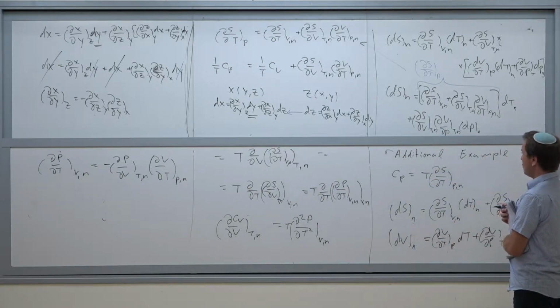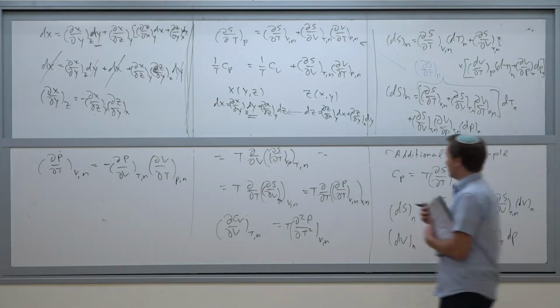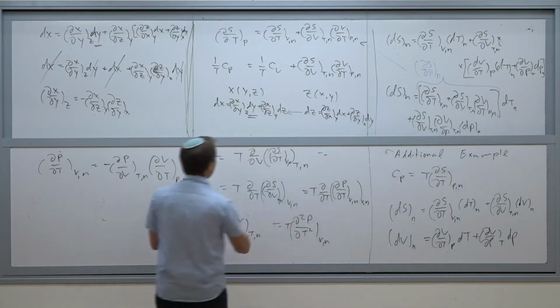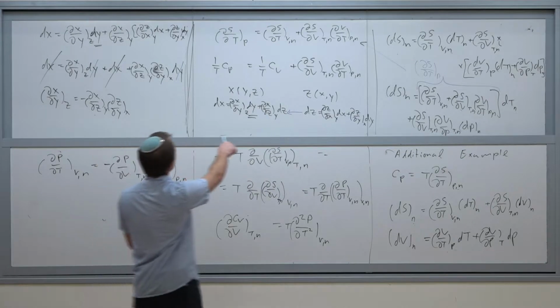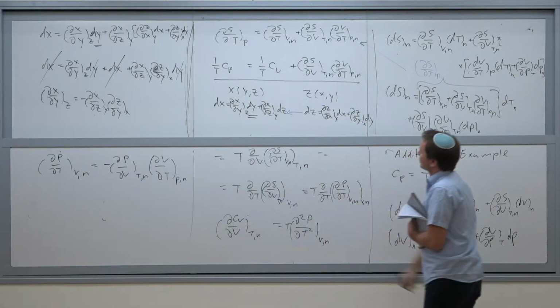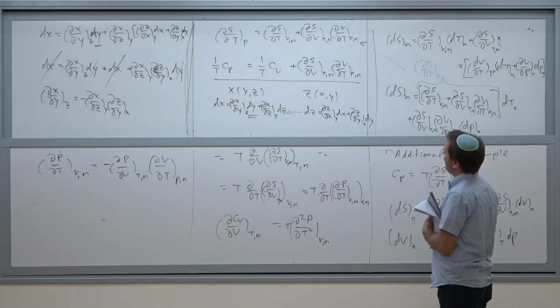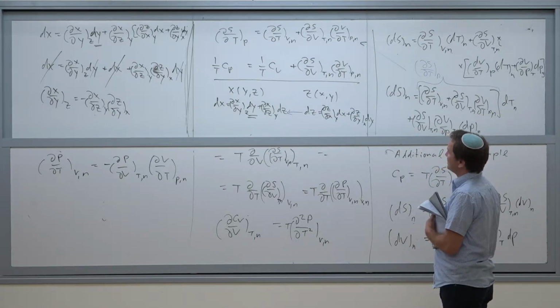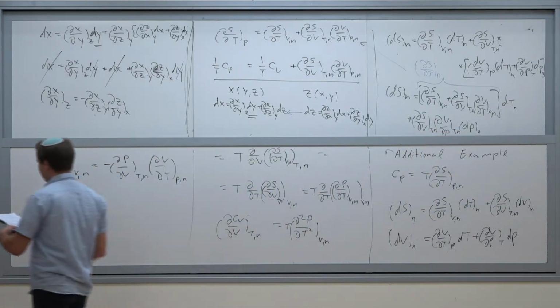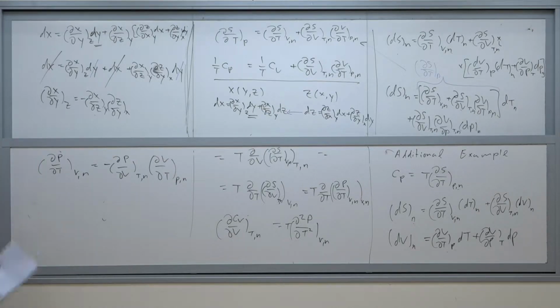Okay, so what did we have here? We had dcv dv, no, we were over here. So back to this equation. We have 1 over t cp equals 1 over t cv plus ds dv times dv dt. Now ds dv, we know what it is, right? We already got it somewhere.